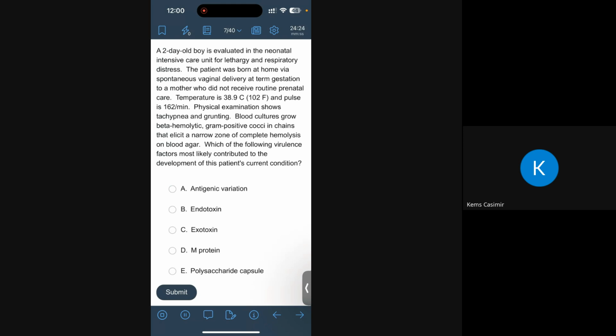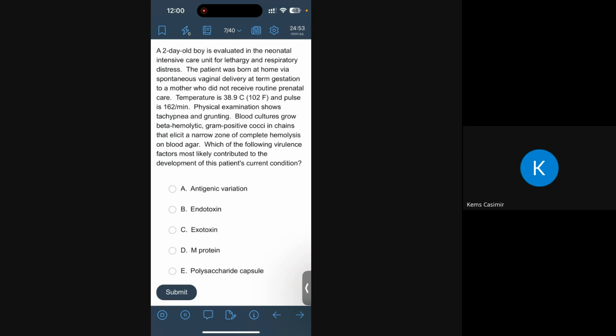Which of the following virulence factors most likely contributed to the development of this patient's current condition? A 2-day-old boy in the neonatal intensive care unit for lethargy and respiratory distress. Born at home via spontaneous vaginal delivery at term gestation to a mother who did not receive routine prenatal care.